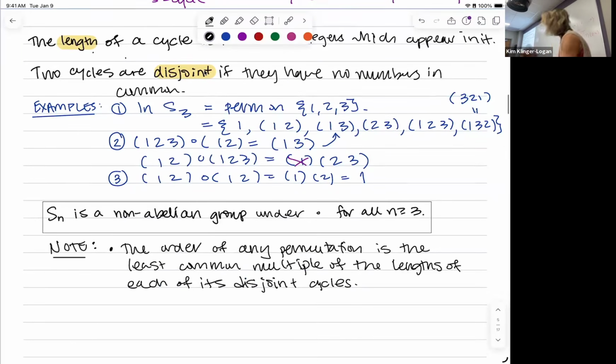So the order of any permutation is the least common multiple of the lengths of its disjoint cycles.